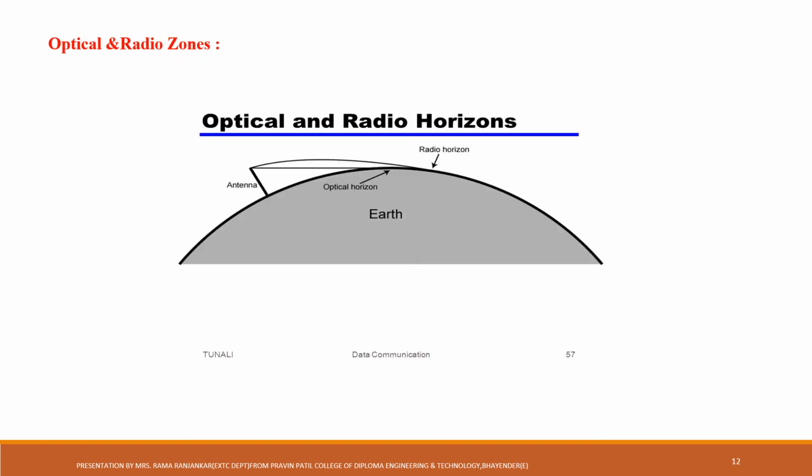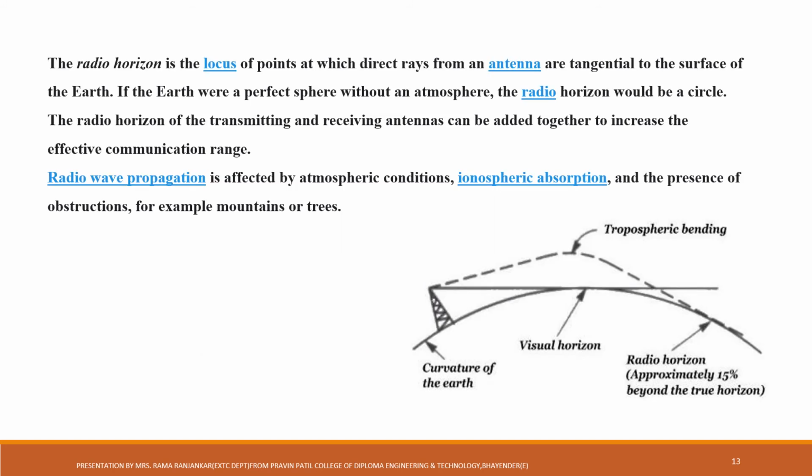Let's see the term optical and radio horizons. This is a diagram for optical and radio horizon. The radio horizon is the locus of points at which direct rays from an antenna are tangential to the surface of Earth. If the Earth were a perfect sphere without an atmosphere, the radio horizon would be a circle.